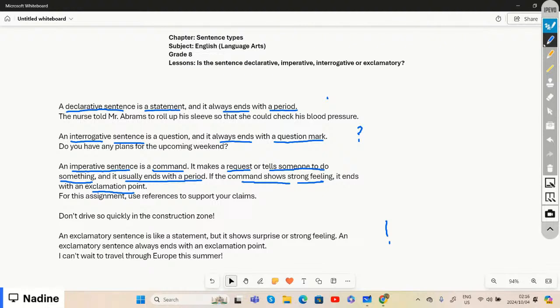So these are our four sentence types. We have a declarative sentence, which just makes a statement, it can say anything. You don't even have to respond, and it always ends with a period.